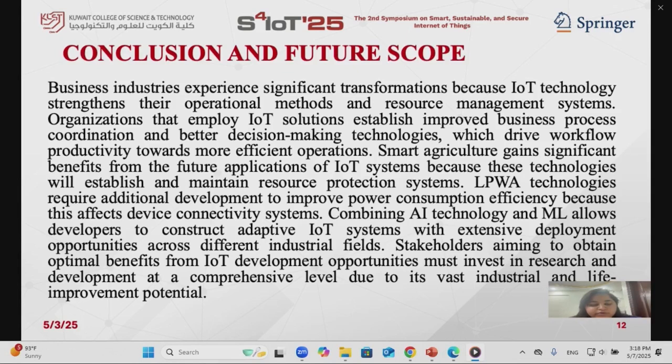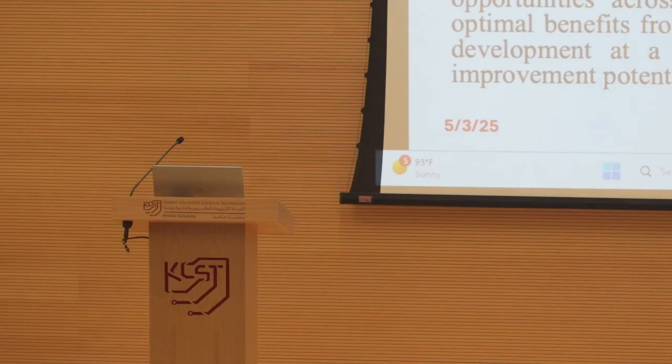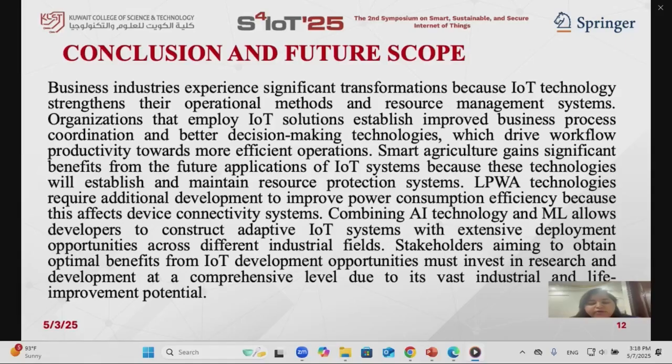The next slide shows the conclusion and future scope of this paper. Basically, business industries experience significant transformations because of IoT technology strengthening their operational methods and resource management systems. Organizations that employ IoT solutions establish improved business process coordination and better decision making technologies.